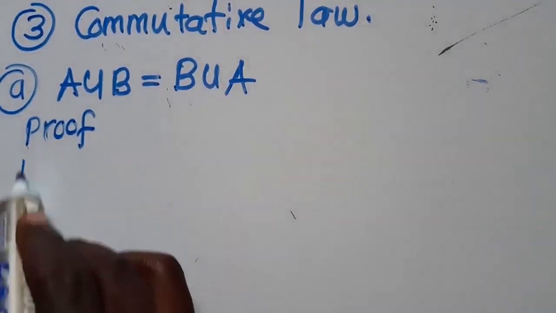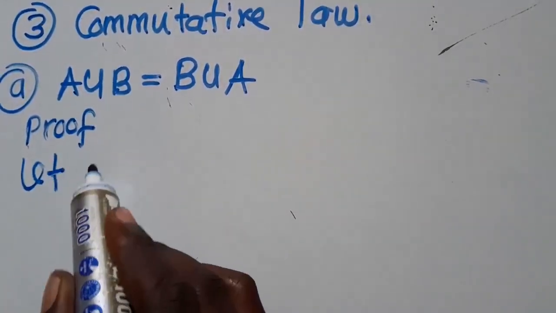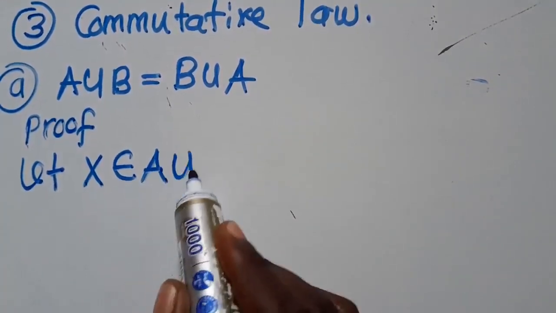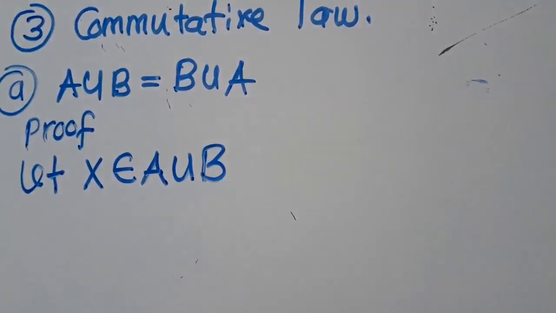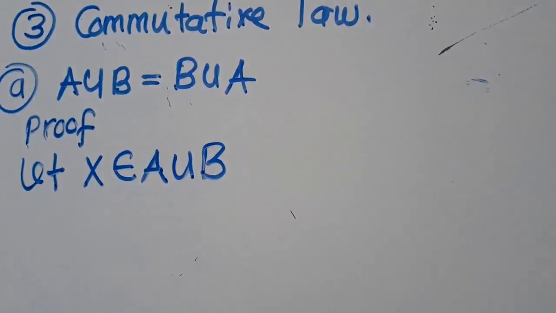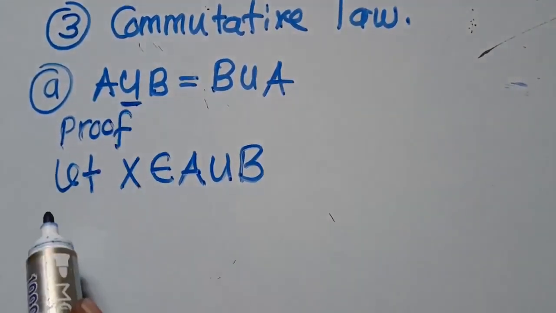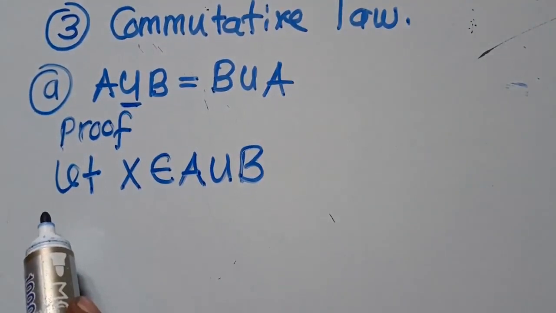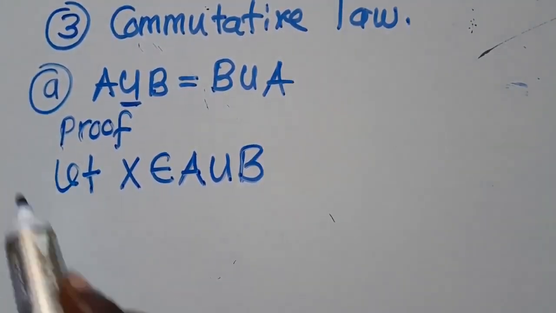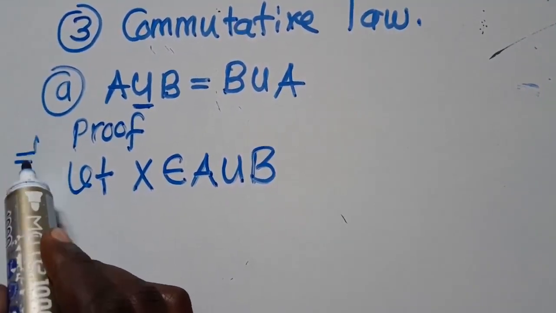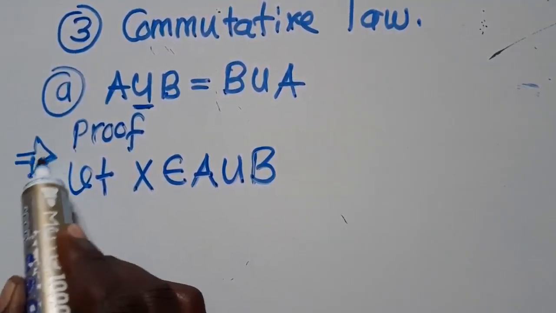You're going to say, the first thing is, let X be a member of A union B. Have you seen A union B? What have you started with? You've started with this one, which is on your left hand side. So you put your arrow here, indicating that you are starting from this side.